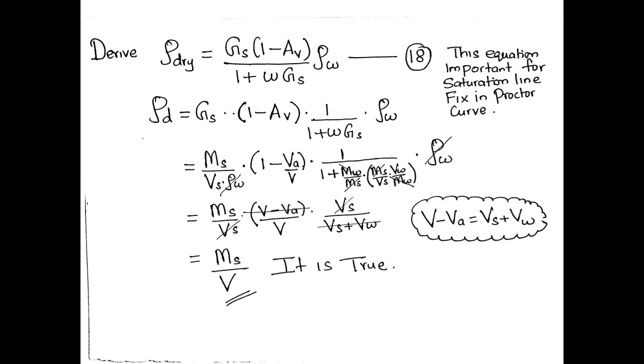Apply the definition for every parameter, then we can get dry density is equal to Ms over V. This is true. This is the definition of dry density. Therefore, this relationship is true.